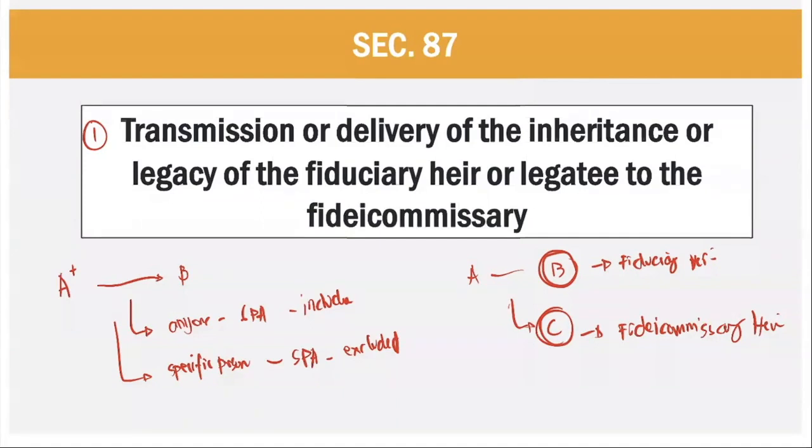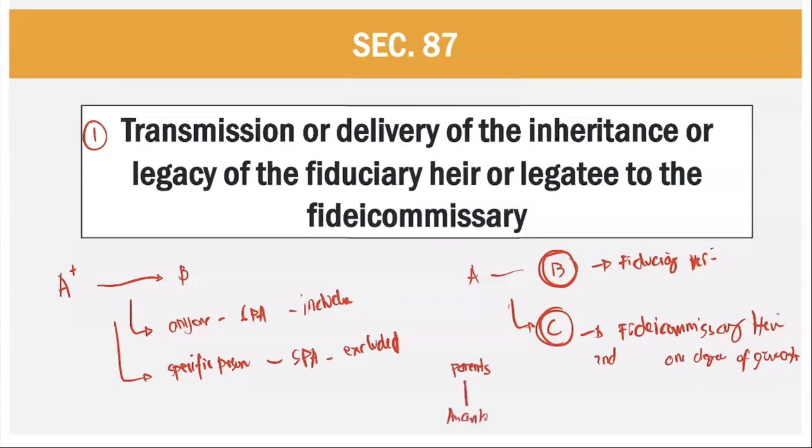So, sino naman tong fideicommissary heir? Fideicommissary heir, this is now the second heir, whose relationship to the fiduciary heir must be one degree of generation. So, only one degree of generation. So, for example, parents ko, and then ako, anak.